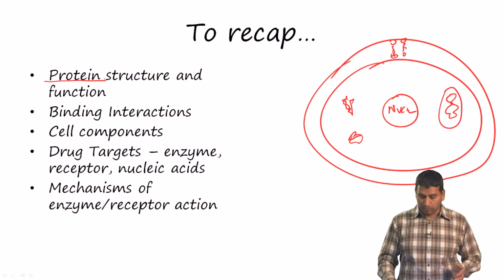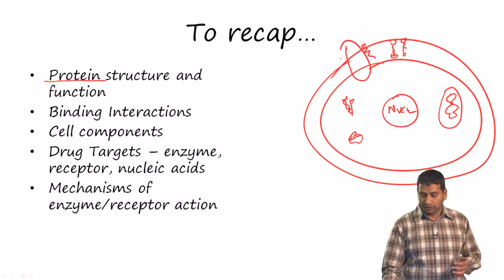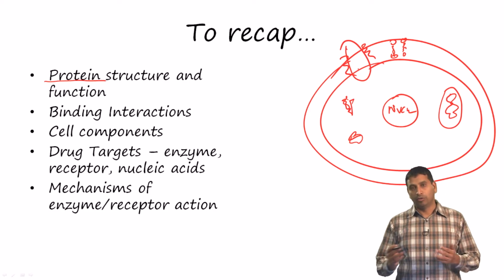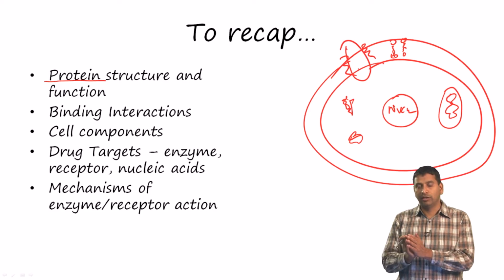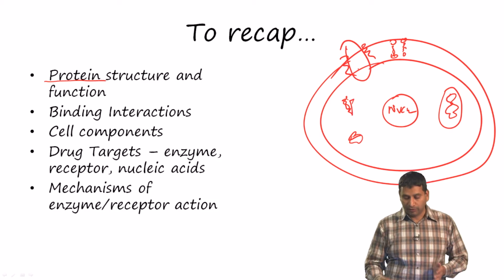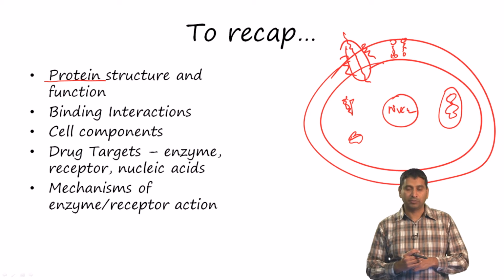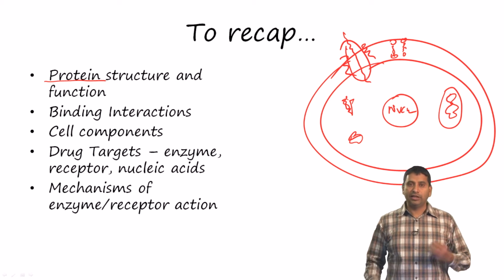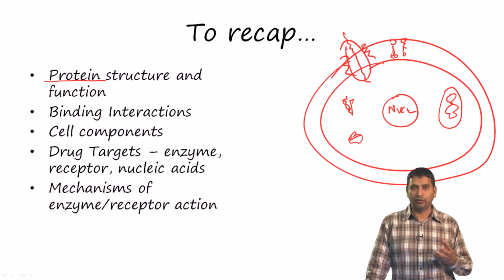So, for example, a protein that is anchoring itself on the membrane, this part of it would be expected to have a lipid rich region. So, it would have amino acids which are hydrophobic in nature, whereas the central part of it might be hydrophilic, and so on.